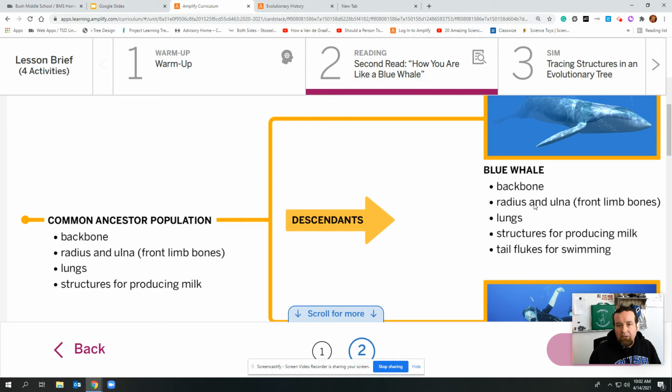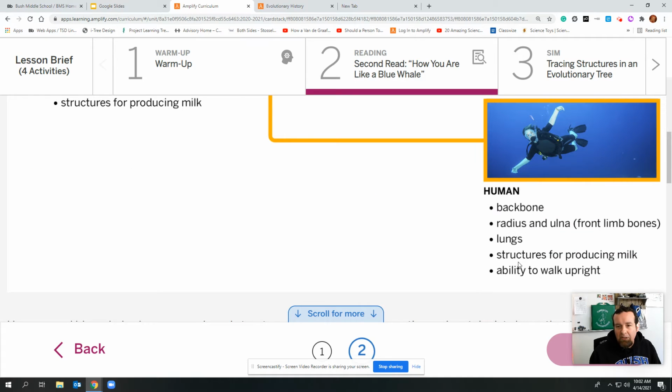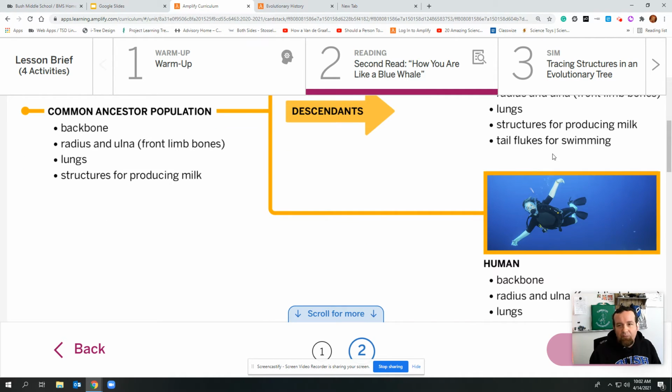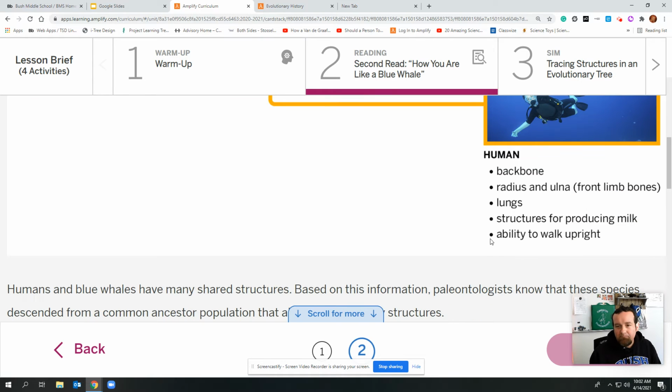And then over here we can see the descendants. Descendants that share those traits from a common ancestor population would be the blue whale and human beings. And check it out. We've got backbones, radius and ulna, lungs, structures for producing milk. We don't have tail flukes for swimming, but we do have all of those same things. One of the key differences is we have that ability to walk upright.